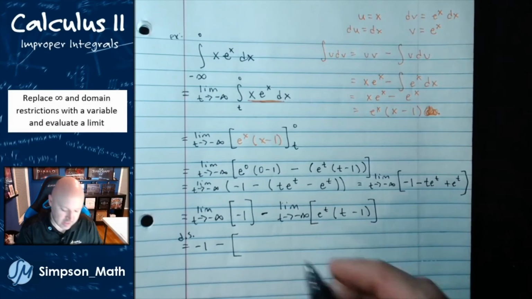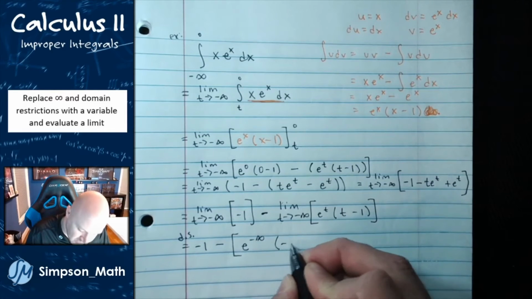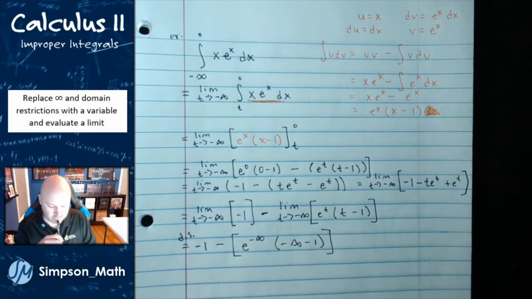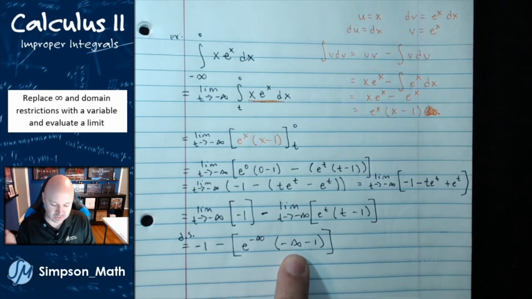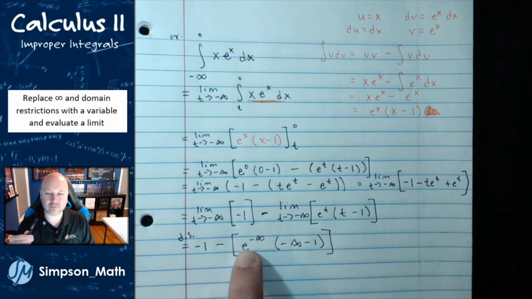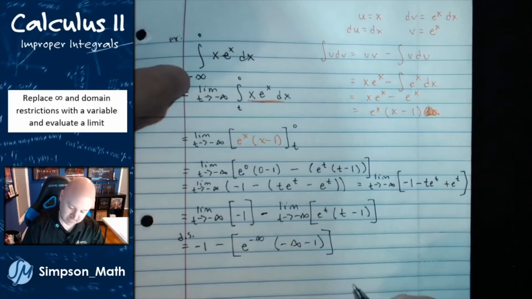And I'm going to have e to the negative infinity times negative infinity minus 1. Well, negative infinity minus 1 is still down there at negative infinity. E to the negative infinity, I'm going to rewrite that as 1 over e to the positive infinity.